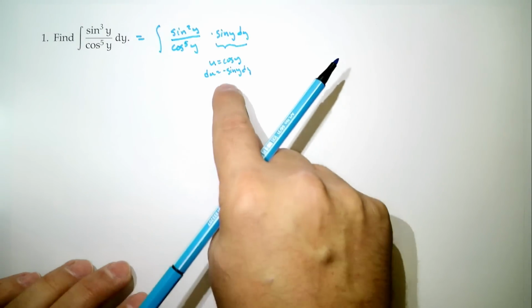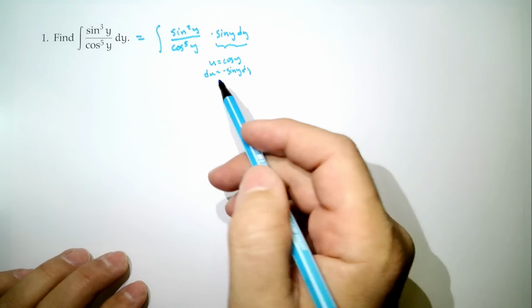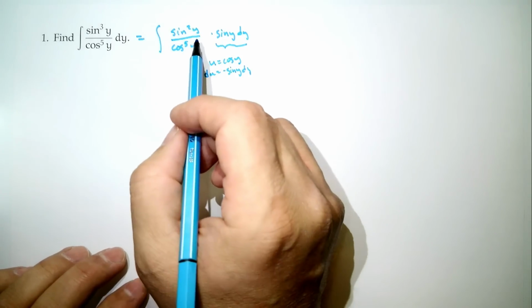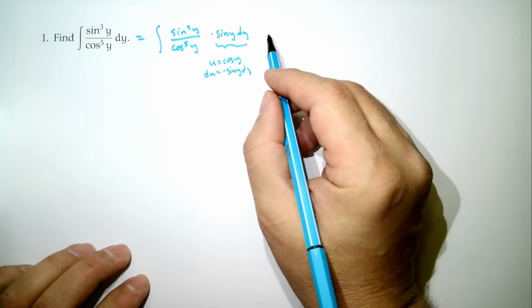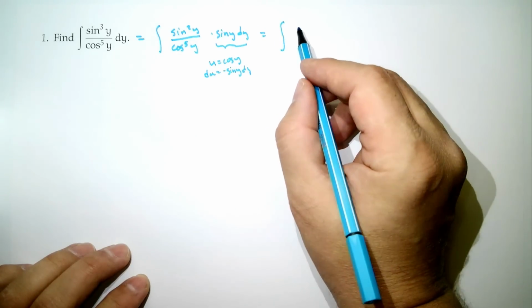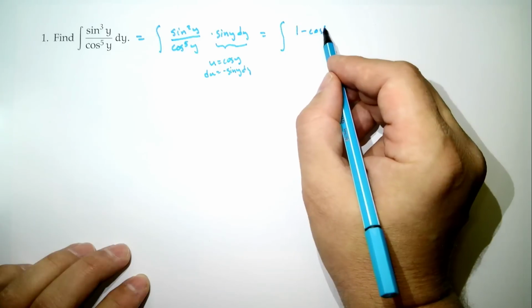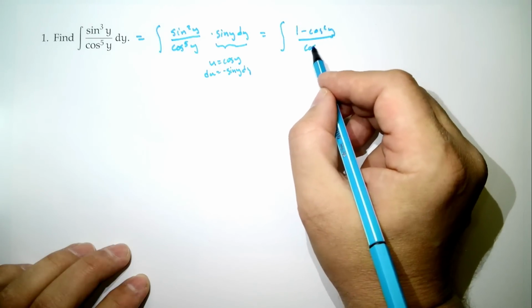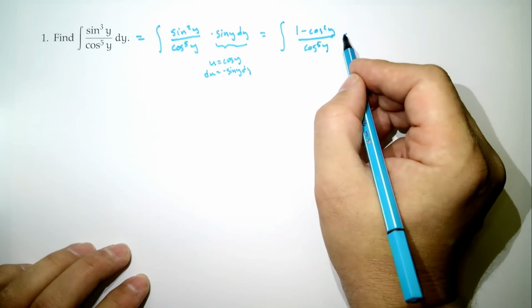The negative doesn't worry us too much. Now, before we can do that, of course, we have to write everything in terms of cosine. Sine squared, well, now is when we flex our trig identities. Sine squared is 1 minus cosine squared.